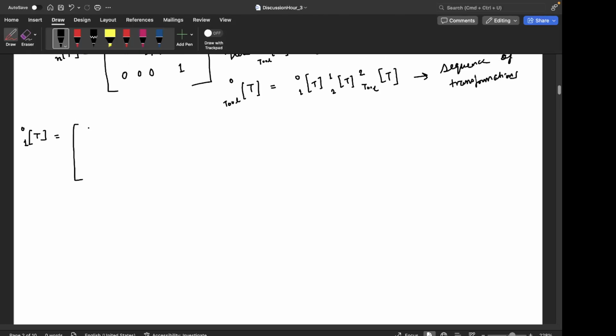So for the first, it will be C1, minus S1, S1, C1. This is the rotation part that I am writing, a 3 cross 3 rotation matrix part. And this is 0, 0, 0, 1, and the position is 0 because frame 0 and frame 1 are coincident.